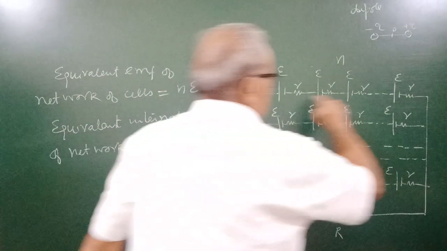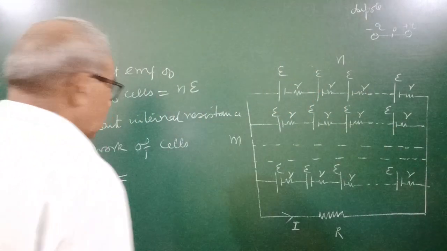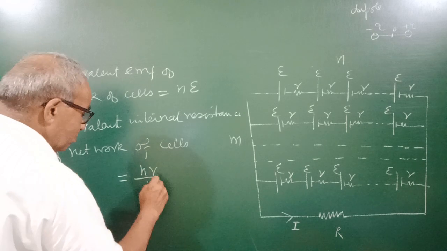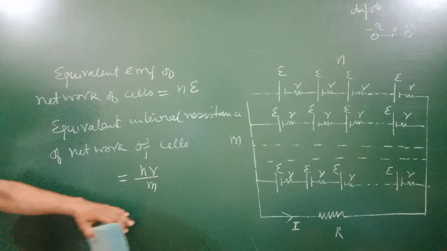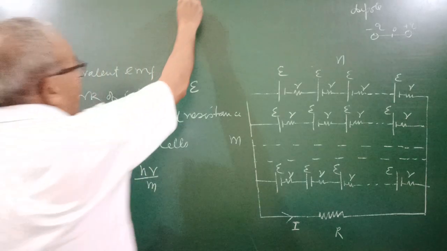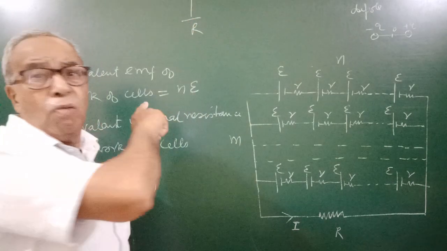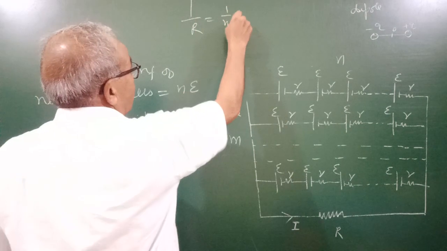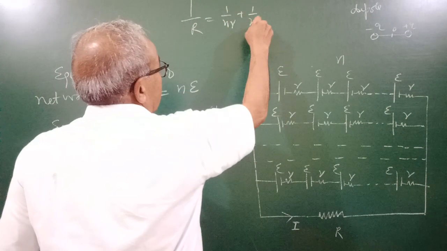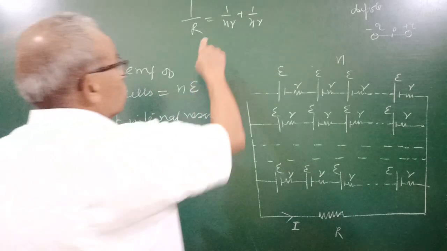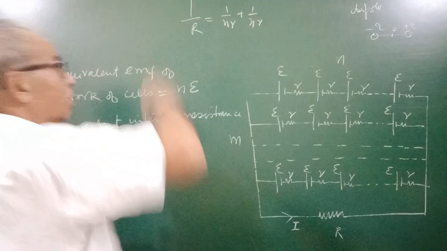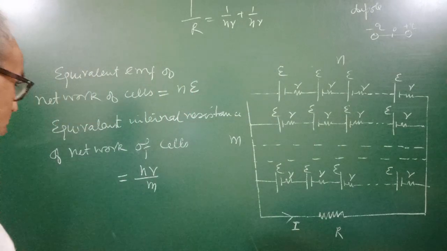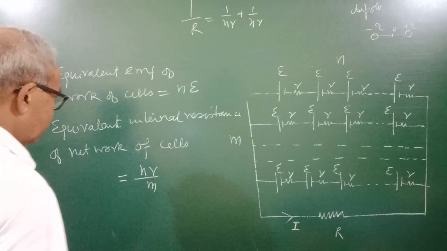In each row there are n resistances, and m rows, so it is nr upon m. Do you understand it or not? Listen to me, I am showing here. 1 upon R is equal to 1 upon nr plus 1 upon nr. If there are only 2 rows, then it is 2 by nr and R equals nr by 2. 3 rows, nr by 3. If m rows, then R equals nr by m.